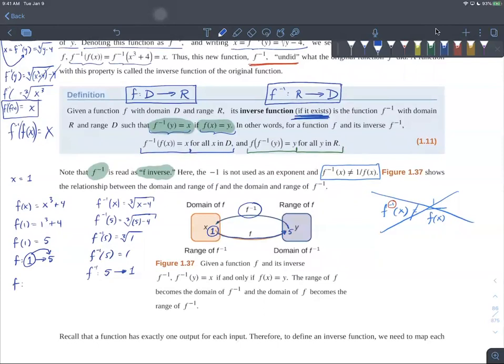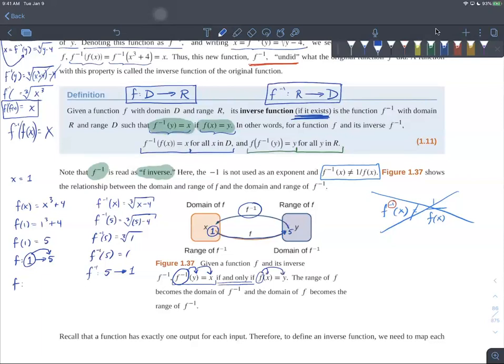So in figure 1.37, given a function f and its inverse f inverse, if we apply f inverse to some y value and you get x, then because f inverse is the inverse of f, this occurs if and only if f maps x to y.